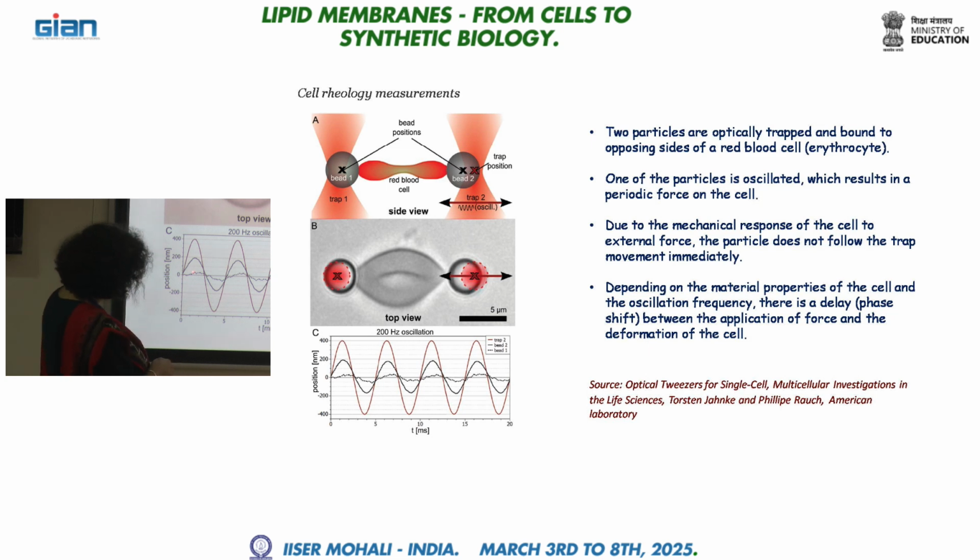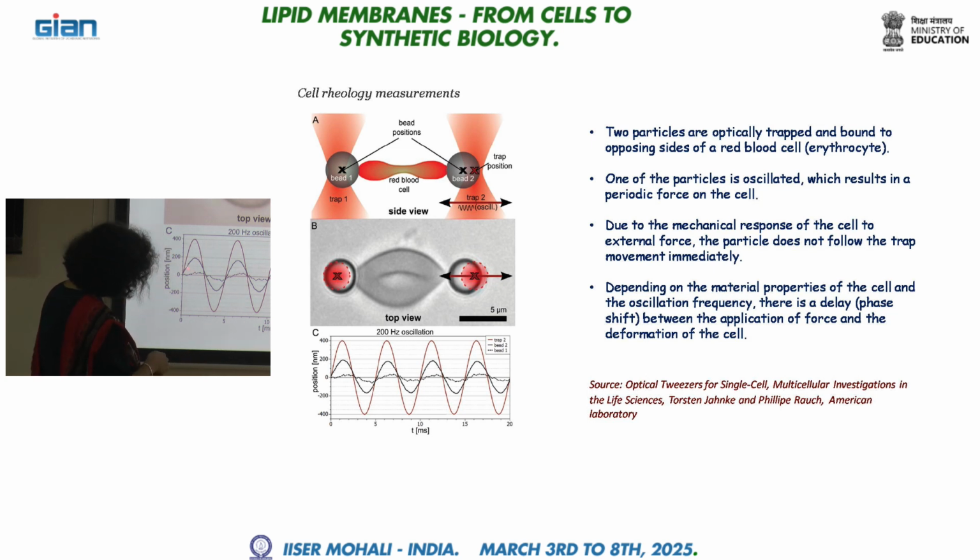So what you see over here, the red curve, is essentially following the motion of the trap, the signal that you have put on the bead to make the movement happen. So this is essentially going up and down at 200 hertz, all right. So this is the time axis, this is your position.